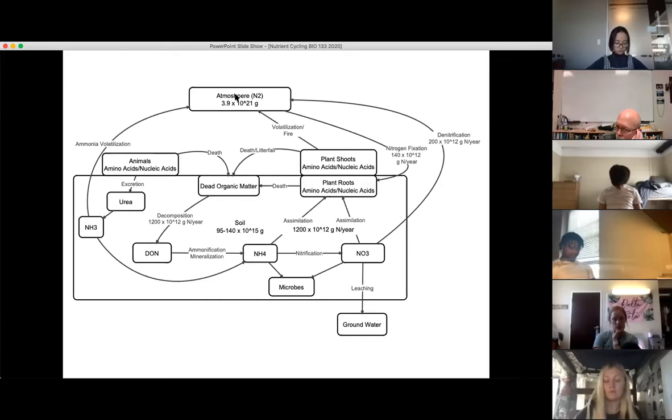So I just want to set your minds at ease in a couple of ways. One, we're not going to ask you to draw this from scratch on the exam. That would be ridiculous. We're also not going to ask you to draw the carbon cycle on the exam from scratch. What we will do, though, is give you, in some cases, the players and maybe what some of the flows are, and ask you to label which fluxes are which fluxes.